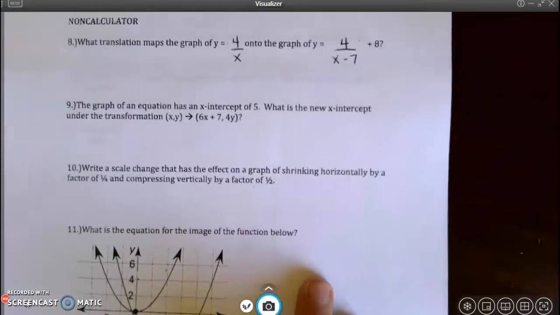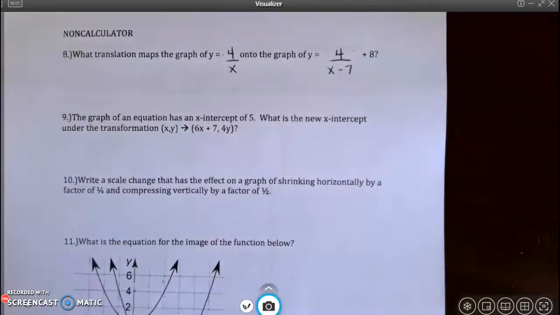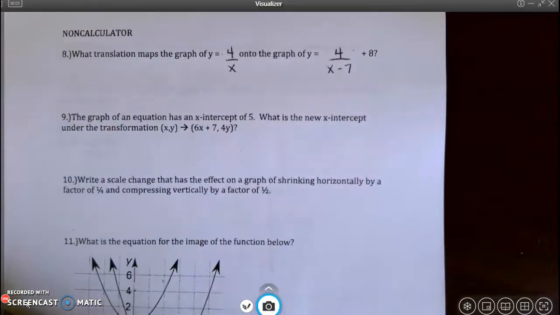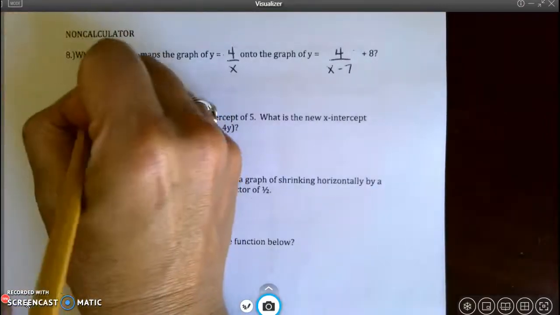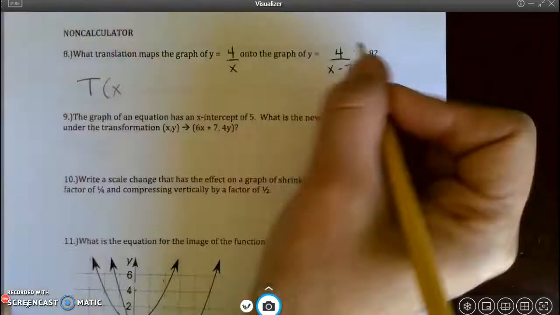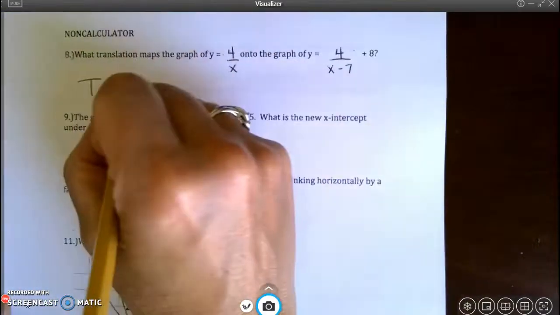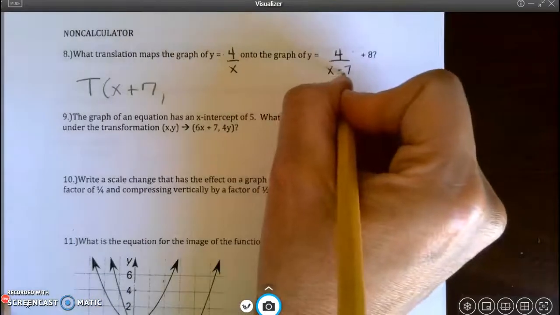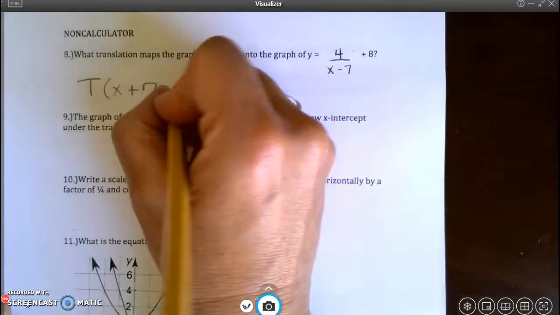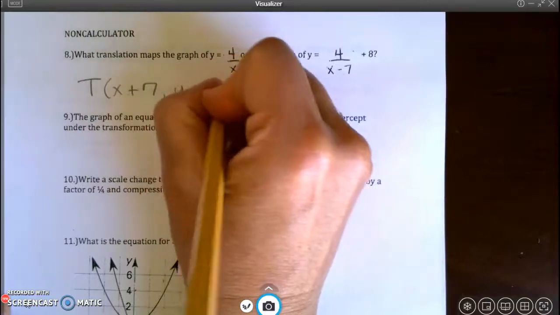What translation maps the graph y equals 4 over x onto the graph 4 over x minus 7 plus 8? That's going to be the translation where I'm going to add 7 because the rule and the equation should be the opposite because x lies in the equation, and y plus 8.